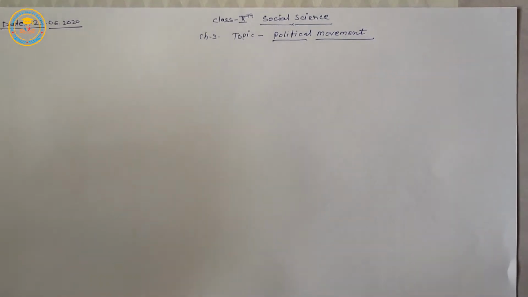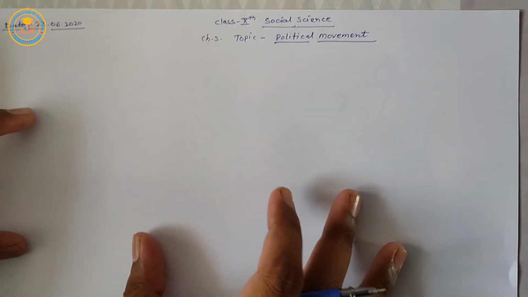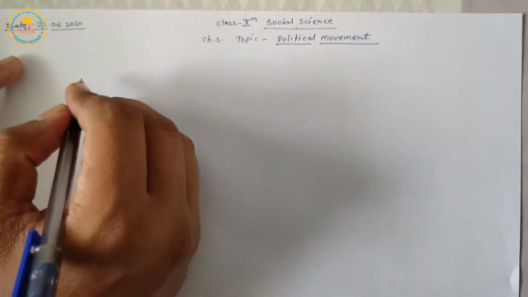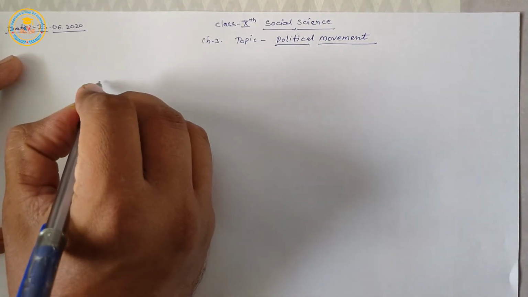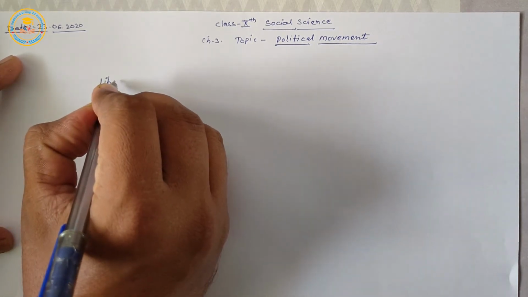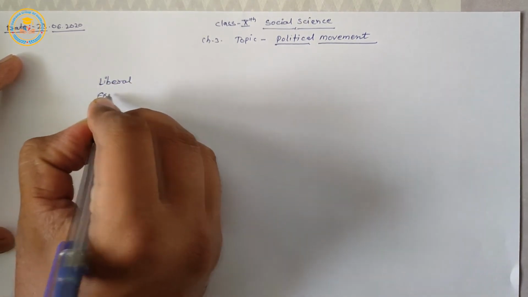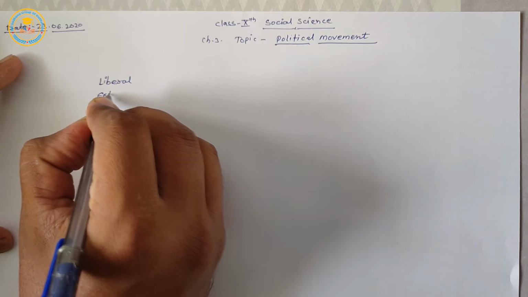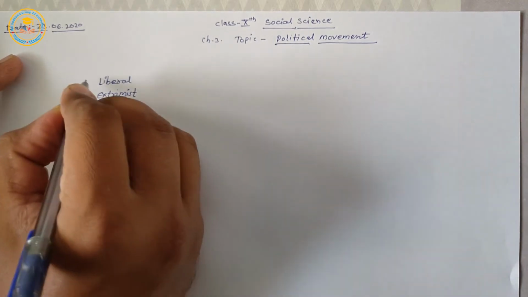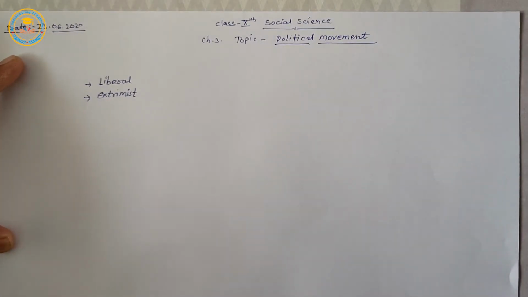After 1857, the Congress political movement was divided into two parts: liberal and extremist.